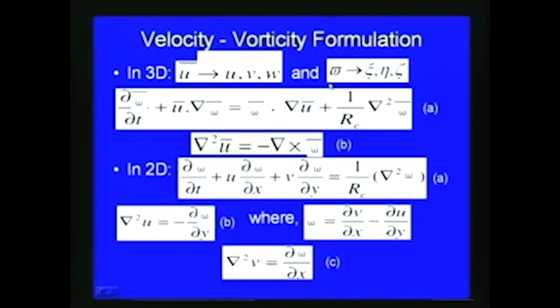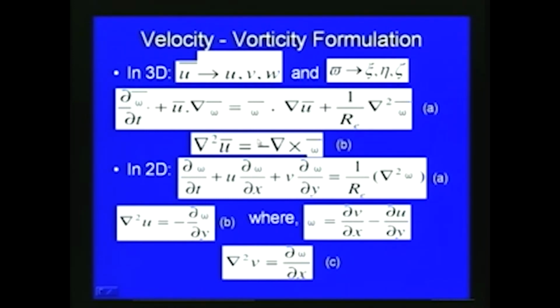If we consider two dimensional problems, we can write these equations as follows, where omega is the vorticity. Del omega by del t plus u into del omega by del x plus v into del omega by del y is equal to 1 by Re del square omega, as in this equation.